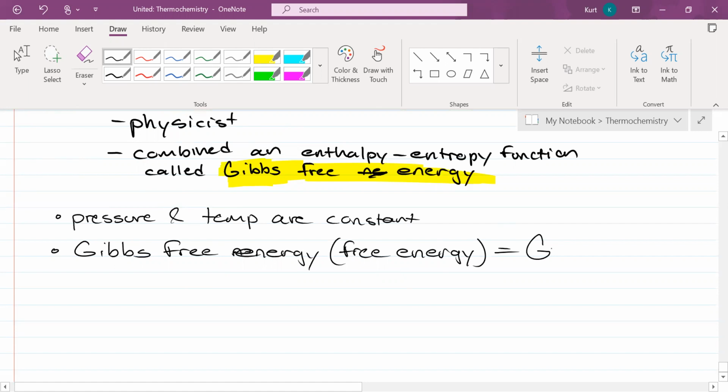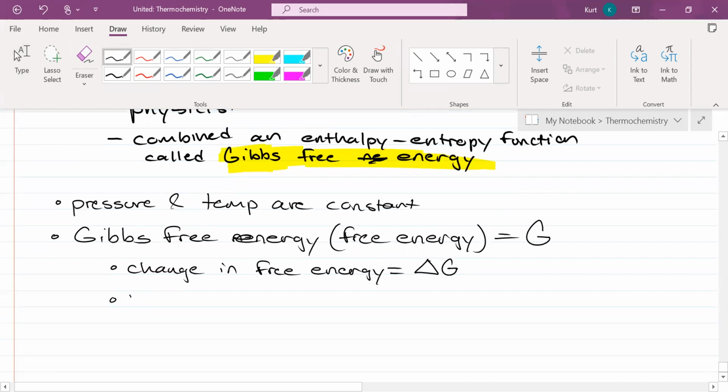So we have S for entropy, H for enthalpy, G for free energy. Obviously, change in free energy is delta G. Free energy of a system is going to be G with system as a subscript.